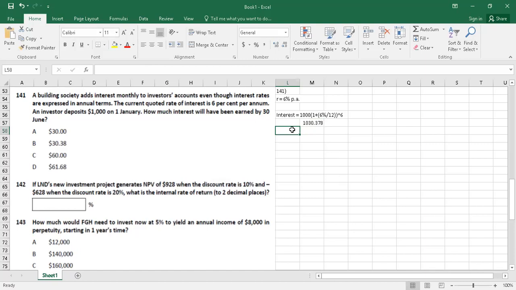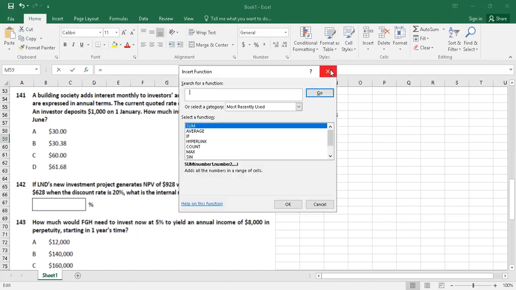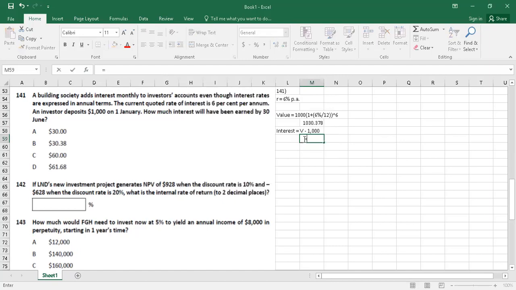The value is 30.378, so 30.38. B is the option.